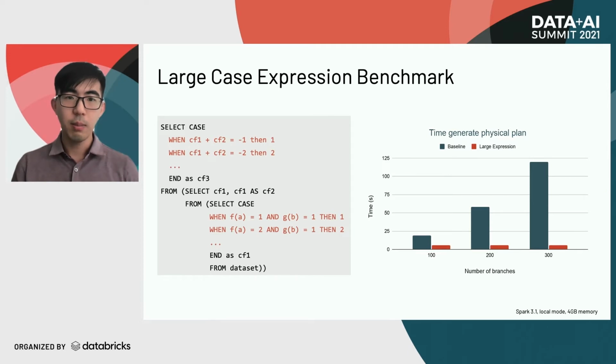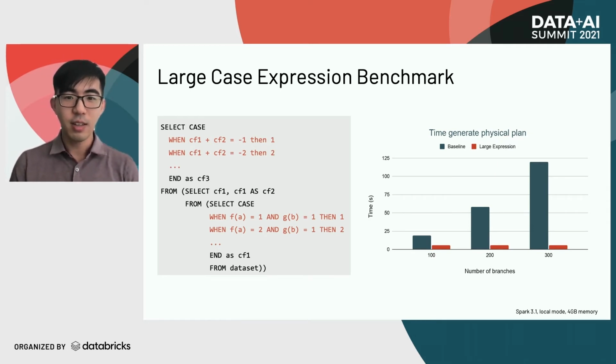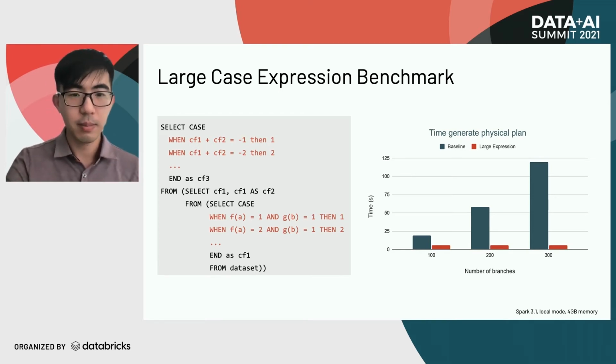And that's why being able to identify these large case expressions and handle them properly is so important to us, because in large data use cases, you don't want to have compile time and optimization time take longer than the actual job time, because large data is meant to be large data, not large complex plans.